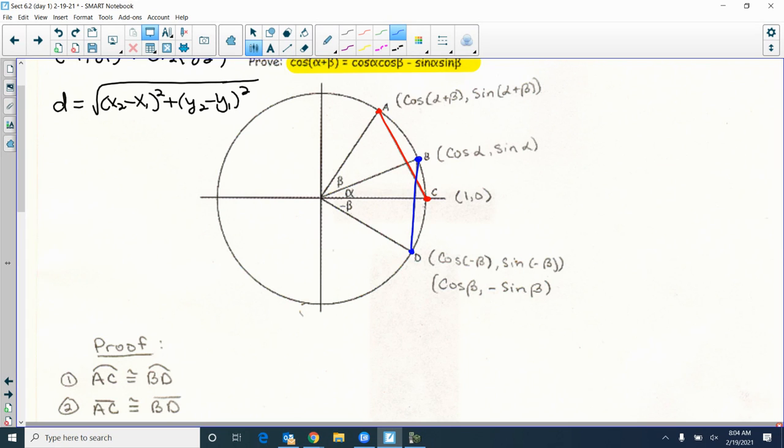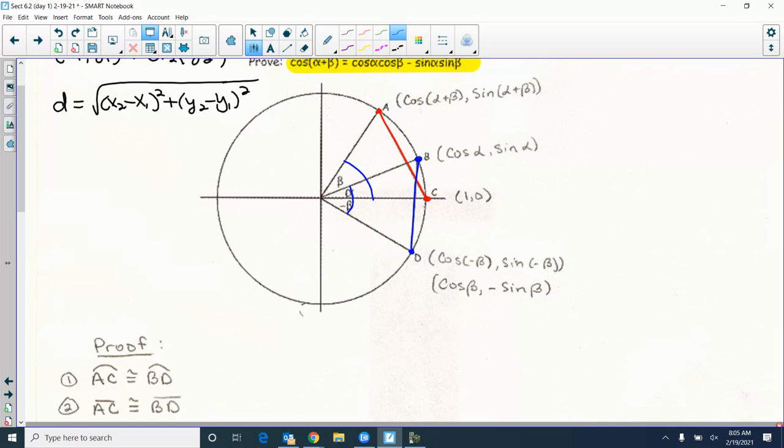This is angle alpha, that's beta. If beta is 20 degrees, this is negative 20 degrees. So this angle and this angle have to be the same. If that's 30 plus 20, that's 30 plus negative 20, still 50. So those have to be the same, which means these arcs have to be the same from geometry, which means AC and BD have to be congruent.